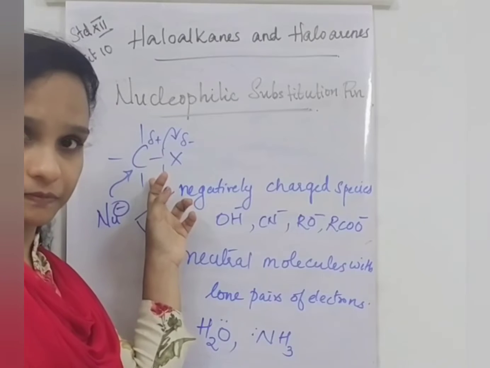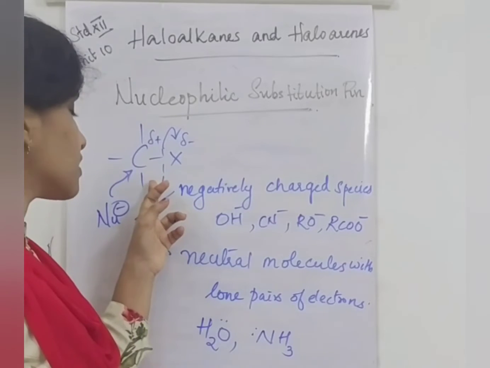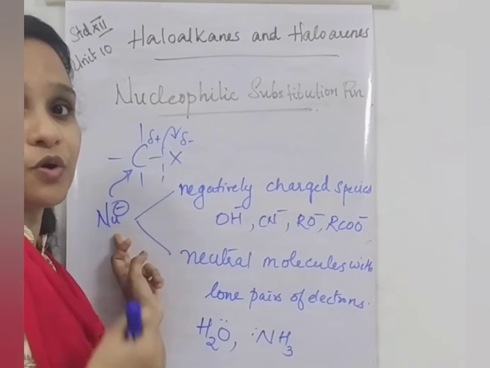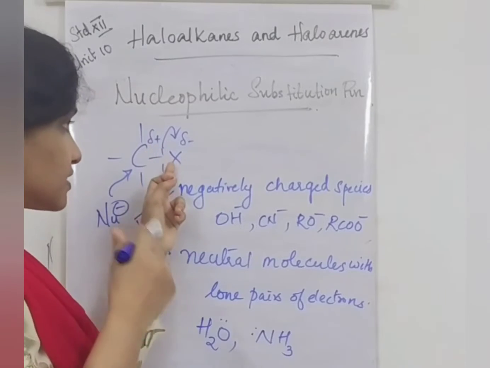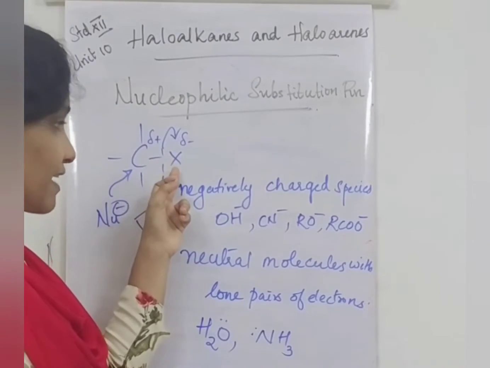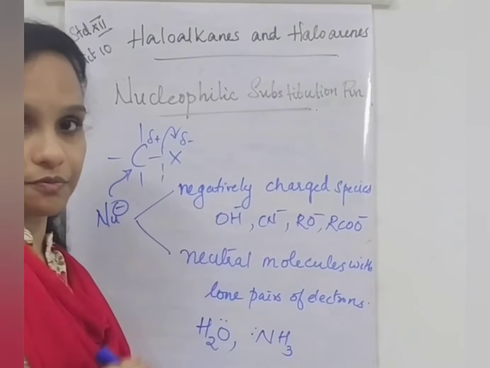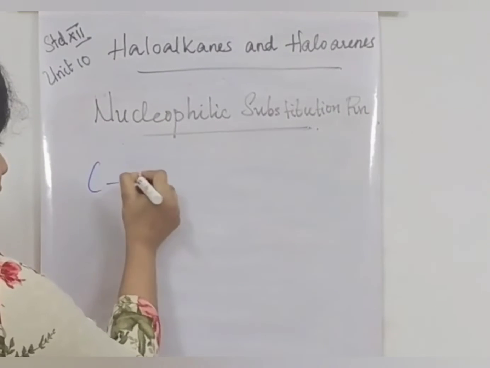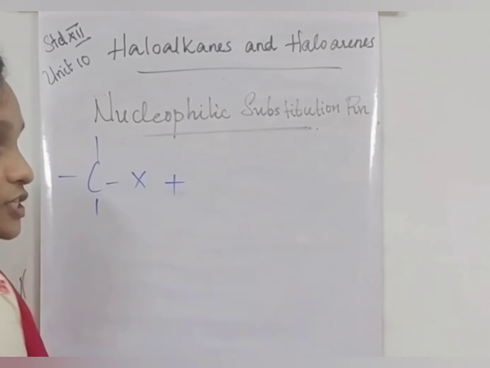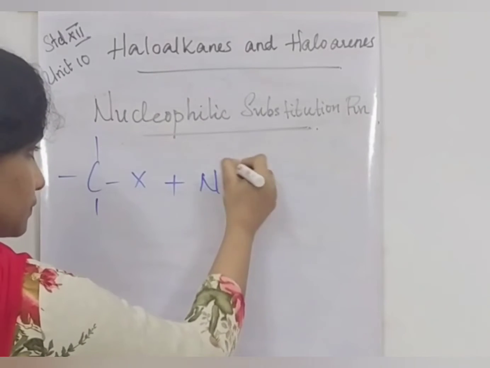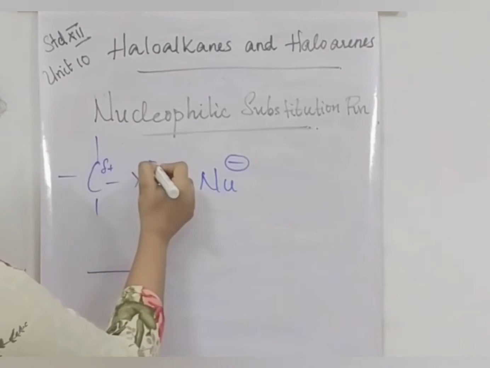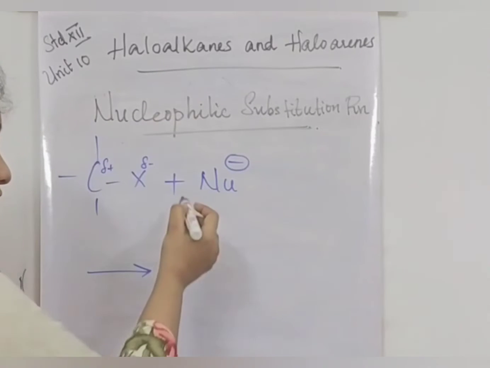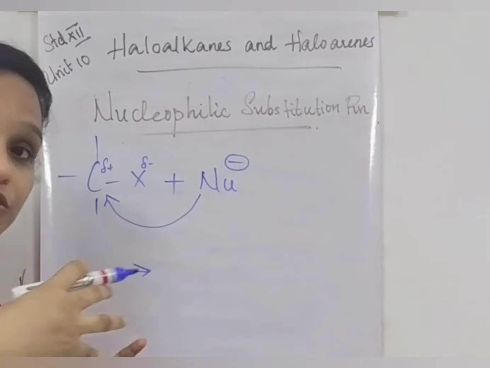A nucleophile that is stronger than a halide ion comes and attacks the carbon atom of this haloalkane. When it attacks, it forms a new bond with carbon, and the C-X bond breaks. X is displaced along with its electron pair. The nucleophile attacks the carbon atom which carries a partial positive charge and forms a new bond.